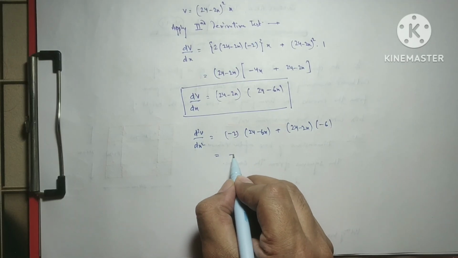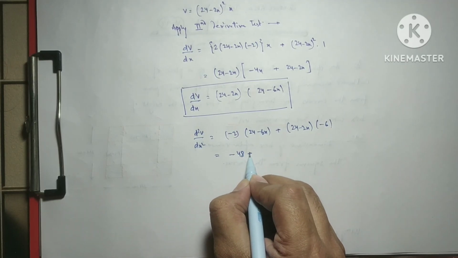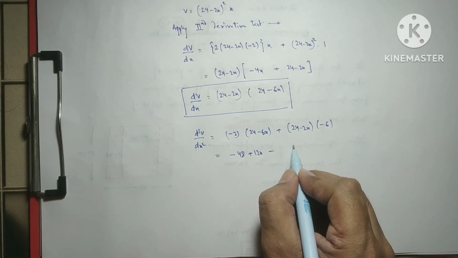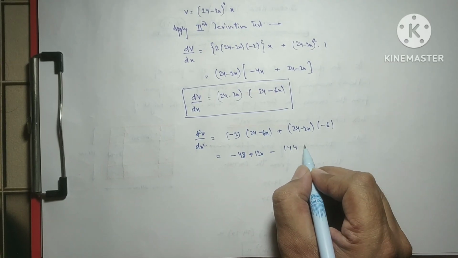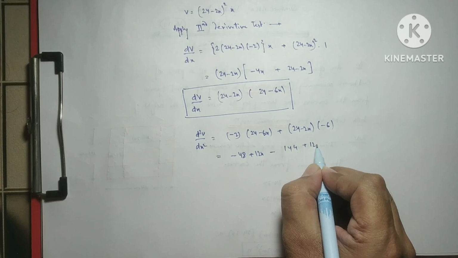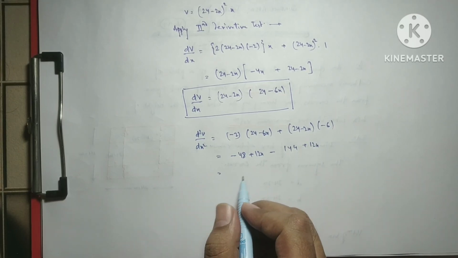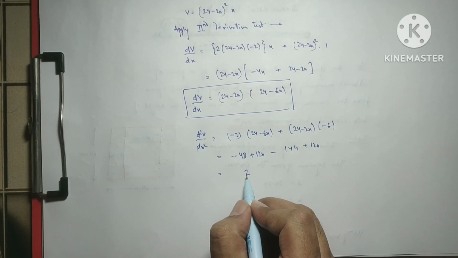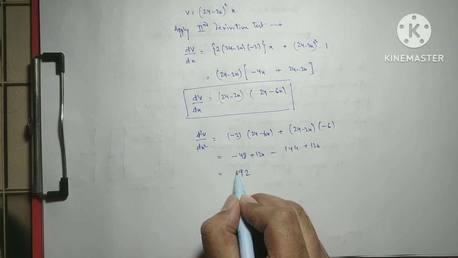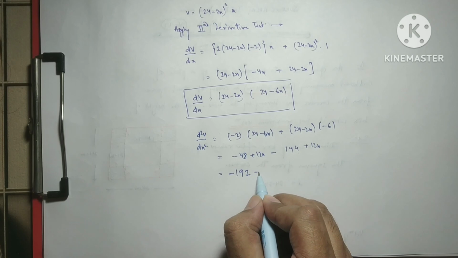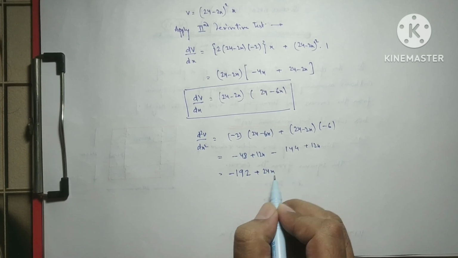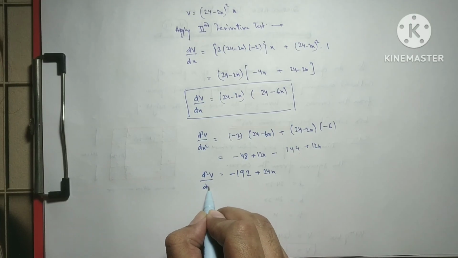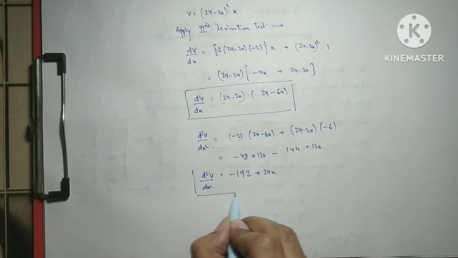So it is minus 48 plus 12x minus 144 plus 12x. So overall it is minus 192 plus 24x. This is the second derivative.